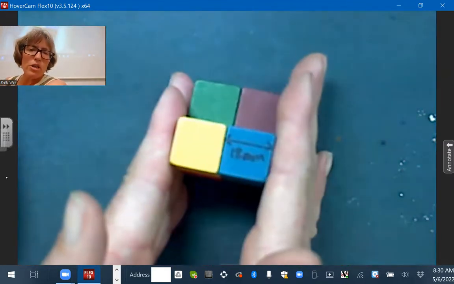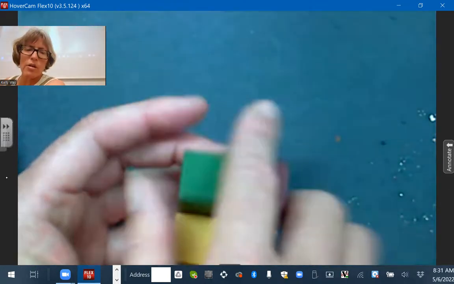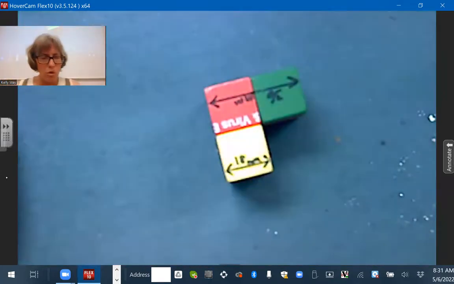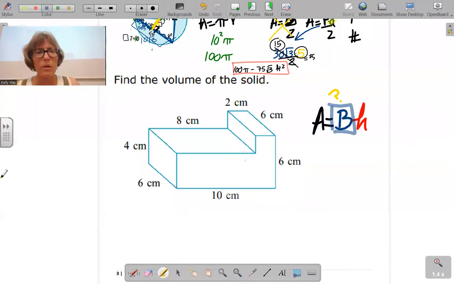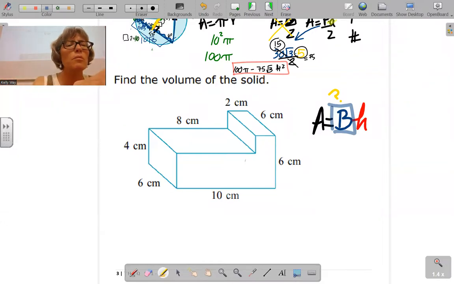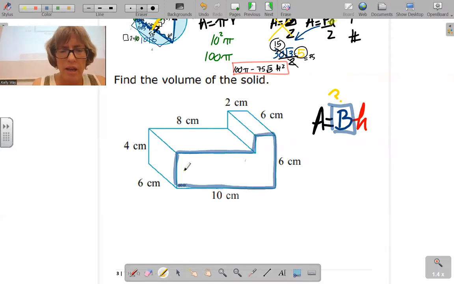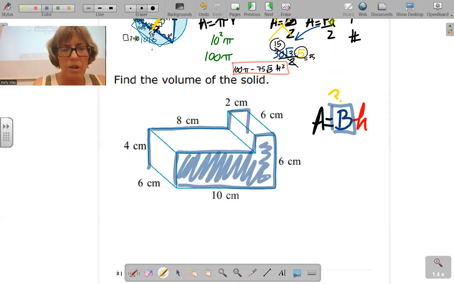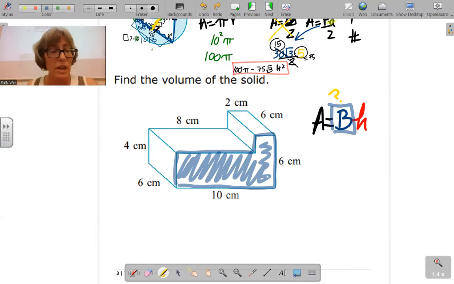They are parallel to each other, and there's nothing but rectangles that connects them. So using that rule, congruent, parallel, connected by rectangles, the bases in this prism is going to be this front and back L shape. Front and back L shape. I'm not going to do the rest of it so you can kind of visualize that. I'm not going to shade the back because it gets kind of messy.